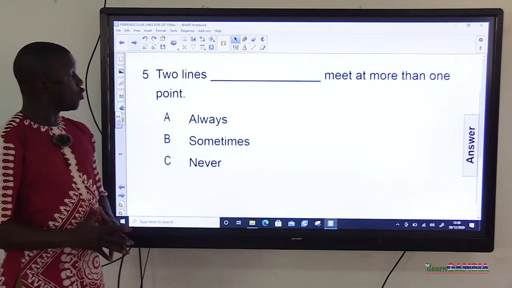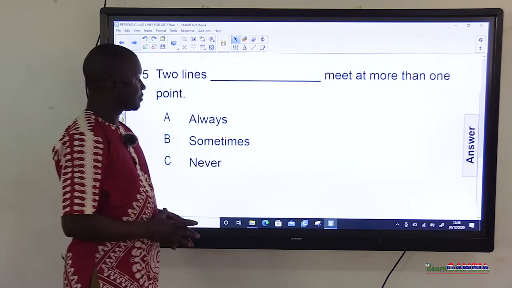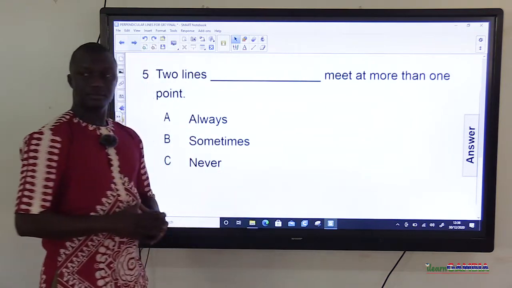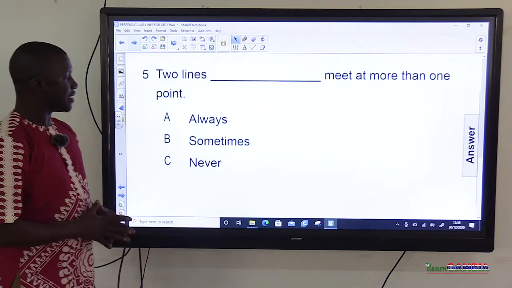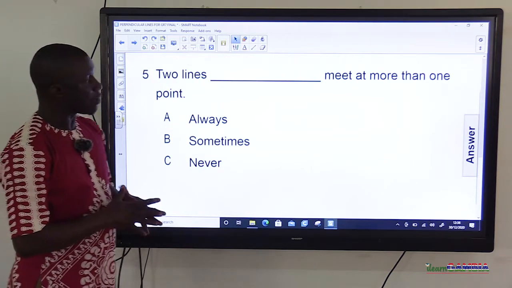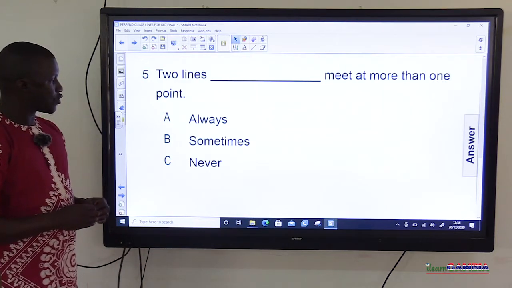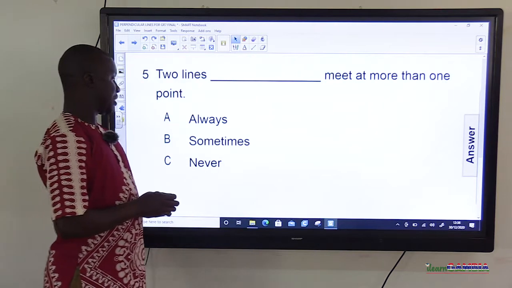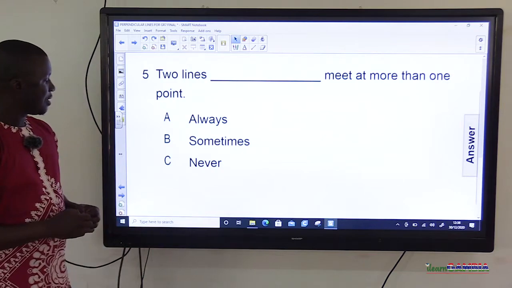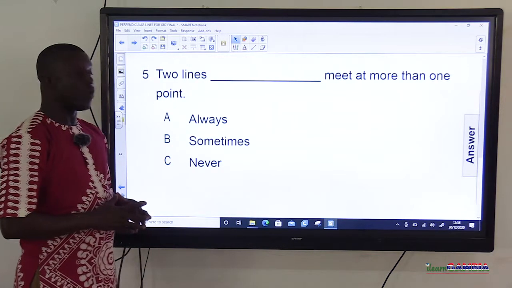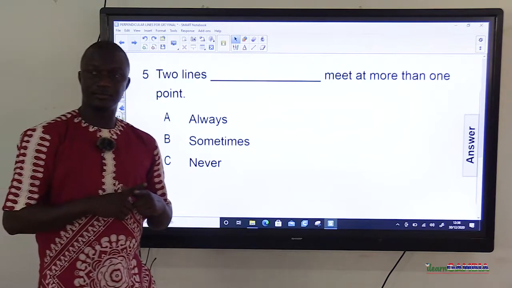Question 5 says, do two lines meet at more than one point? A says always, B says sometimes, and C says never. Two lines meet at only one point.